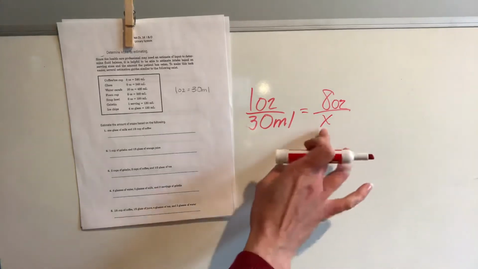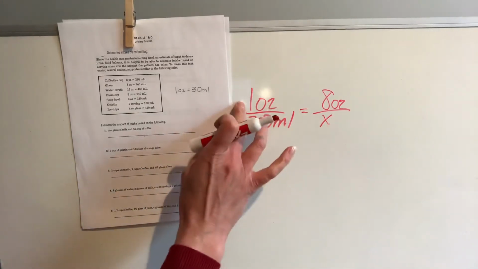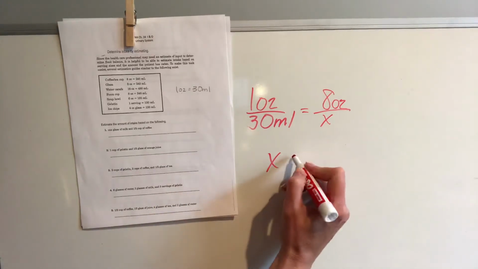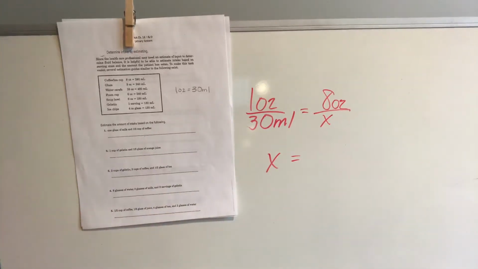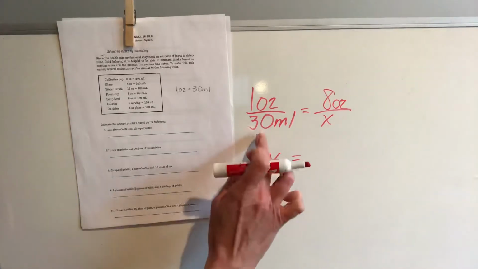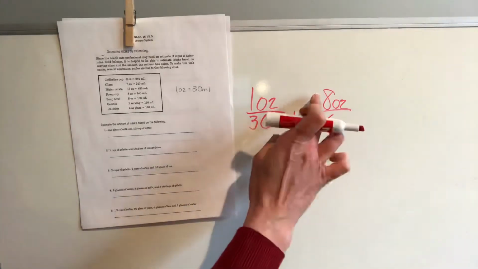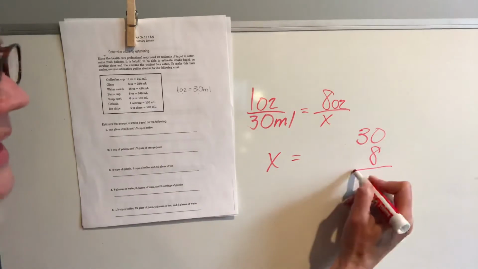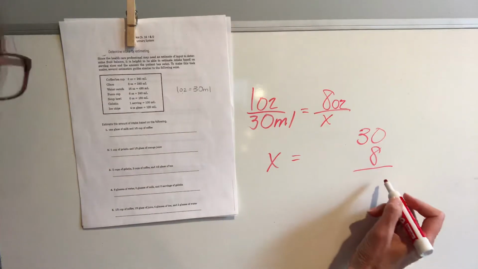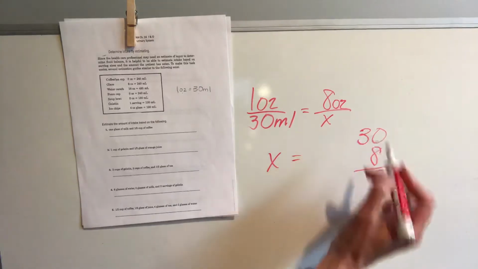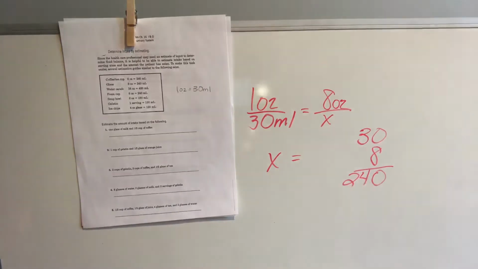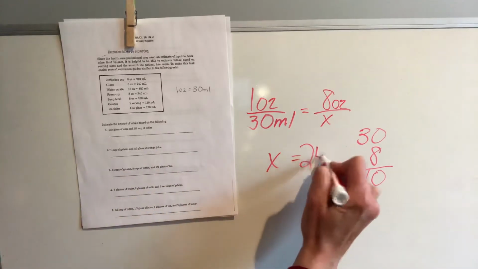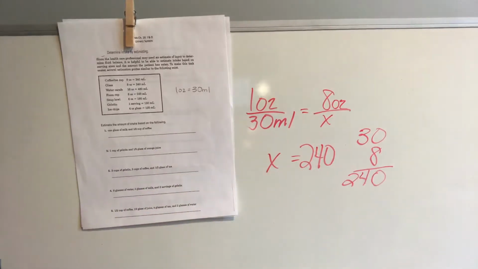So I'm going to multiply X times 1, and of course I'm going to get 1x, which is just x. Then I put my equal sign, and on the other side I'm going to multiply 30 times 8. 8 times 0 is 0. 8 times 3 is 24. So my x is going to be 240.